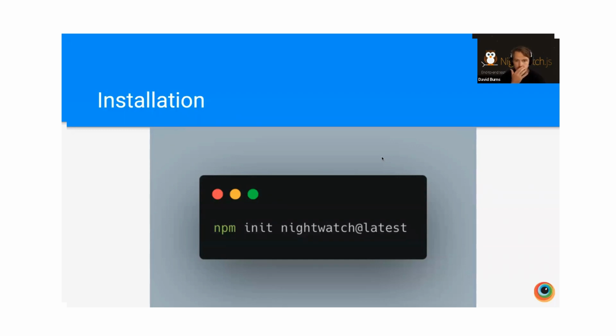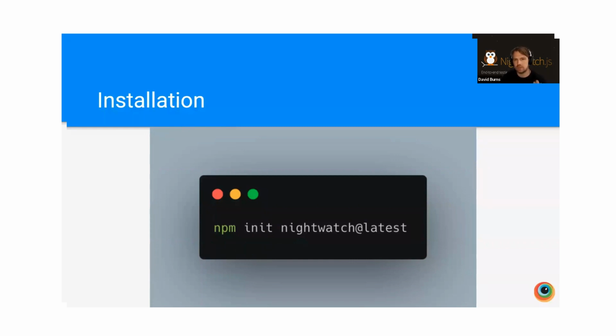One of the major things when I got started working with the Nightwatch project and working with Andre was how easy we could make it for people to get started with their project. Obviously npm is really good.